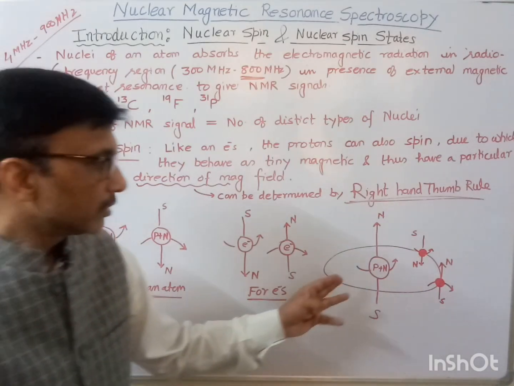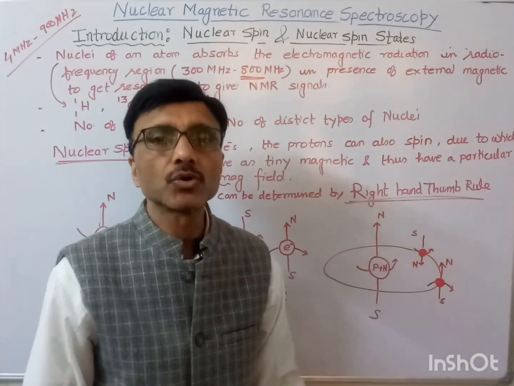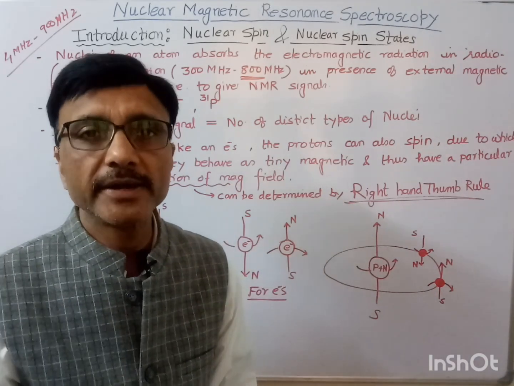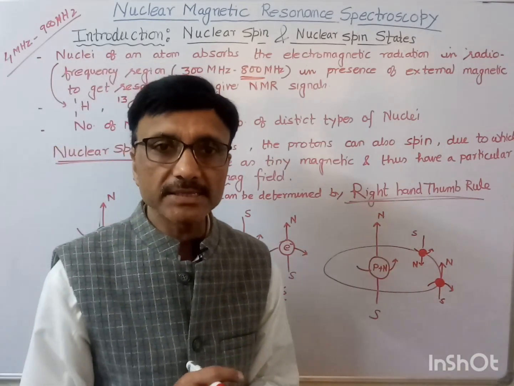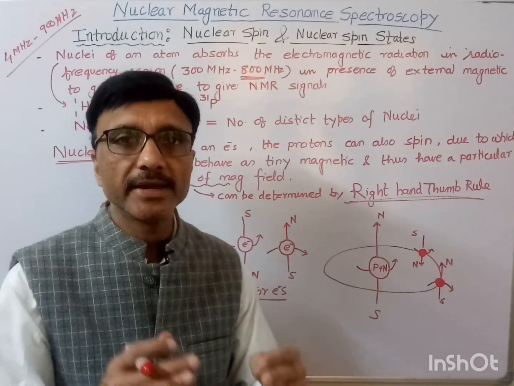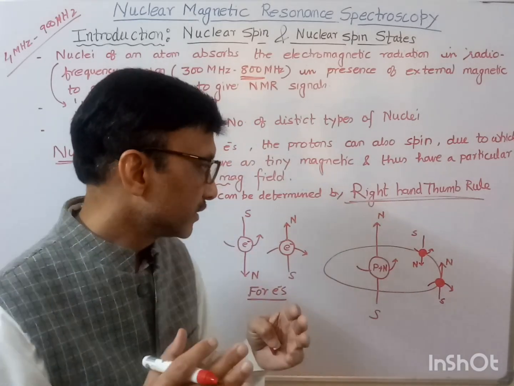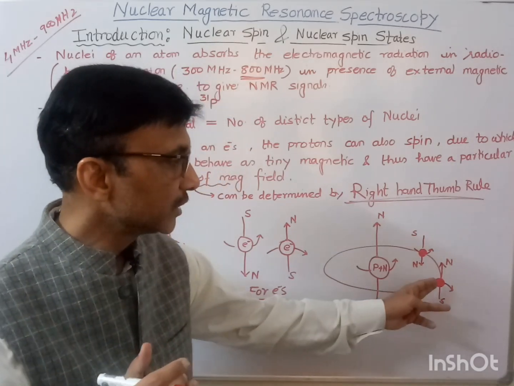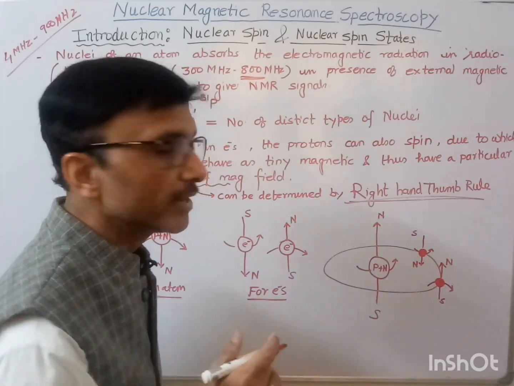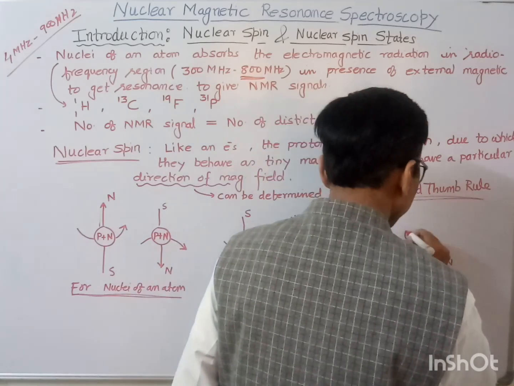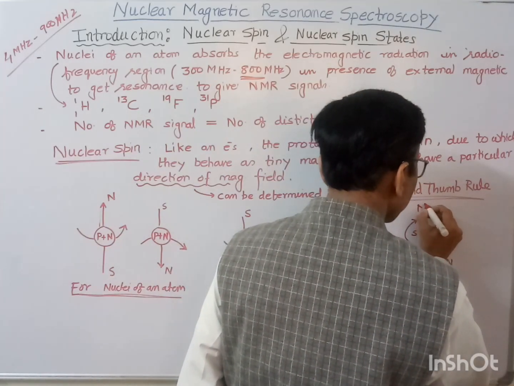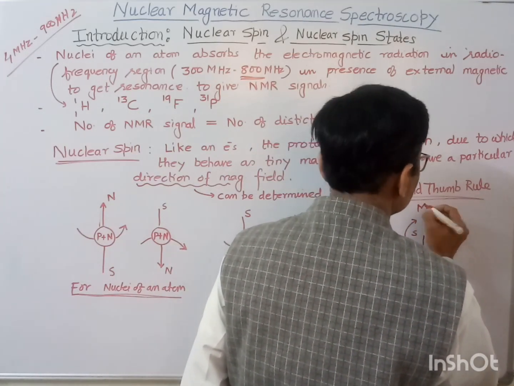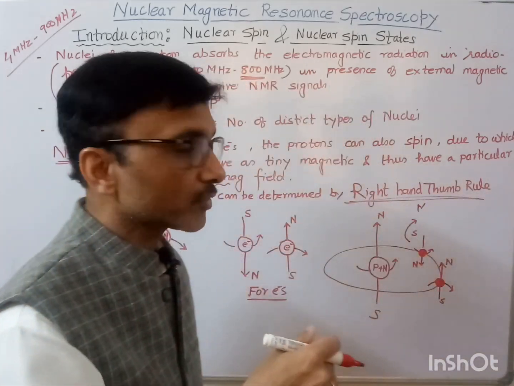If electrons and protons are rotating on their own axis, then they will have a certain magnetic moment. What would be the magnetic moment for the electron? For a spinning electron, or what we should say, the momentum.